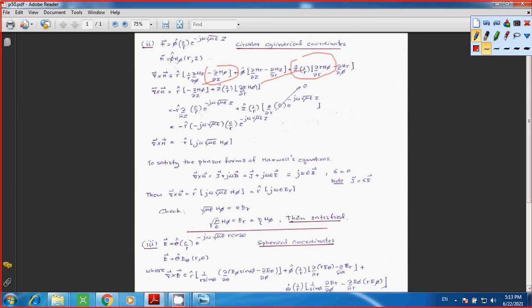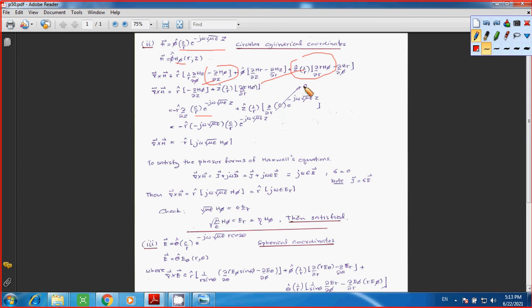For your H phi, it actually equals A over r exponential negative j omega square root mu epsilon r. So you do the integration, and for the second term, your r multiplied by H phi, so r cancels out, and you end up with a constant.